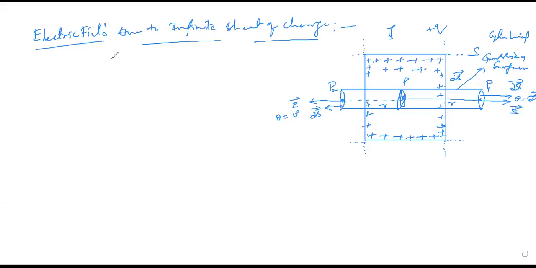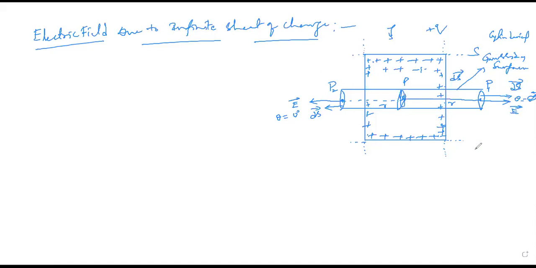Correct? So next, after this, by symmetry, E, the electric field intensity we are talking about, is perpendicular to the plane. This unit drawn normal is also perpendicular to this, and E, the electric field intensity with respect to positive charge, how should it be? Perpendicular. Correct or not?